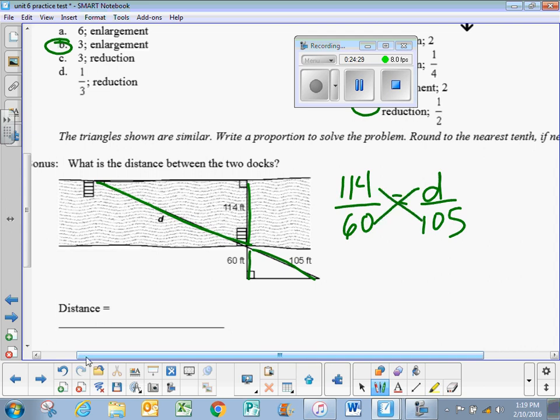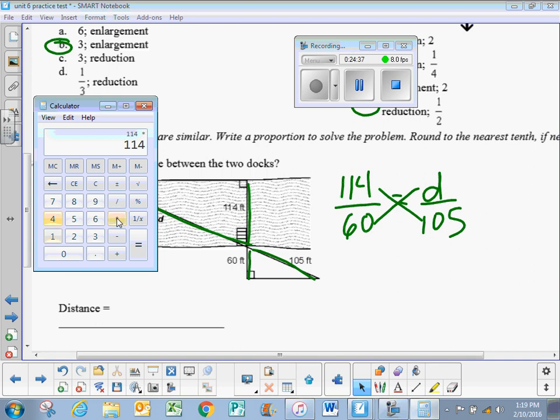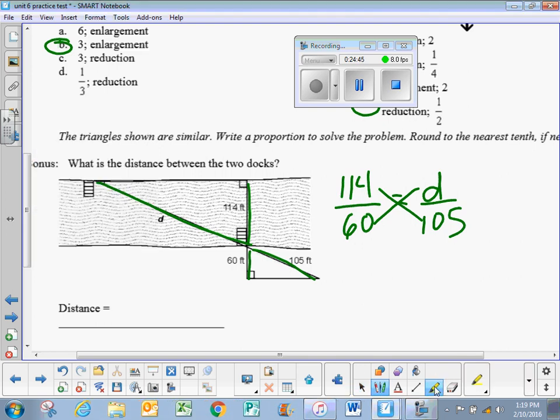This times this divided by that. So what is 114 times 105 divided by 60? 199.5. So that's how far it is from here to here, which is the distance from dock to dock, 199.5 feet.